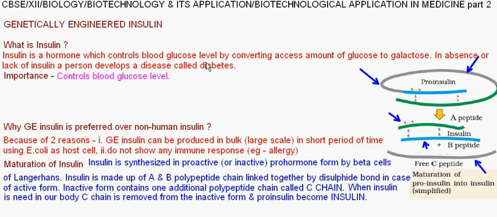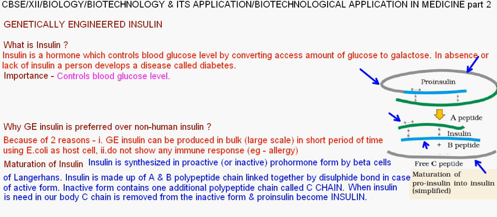Genetically engineered insulin. This is biotechnological application in medicine, part 2. What is insulin? Insulin is a hormone which controls blood glucose level by converting excess amount of glucose to galactose.